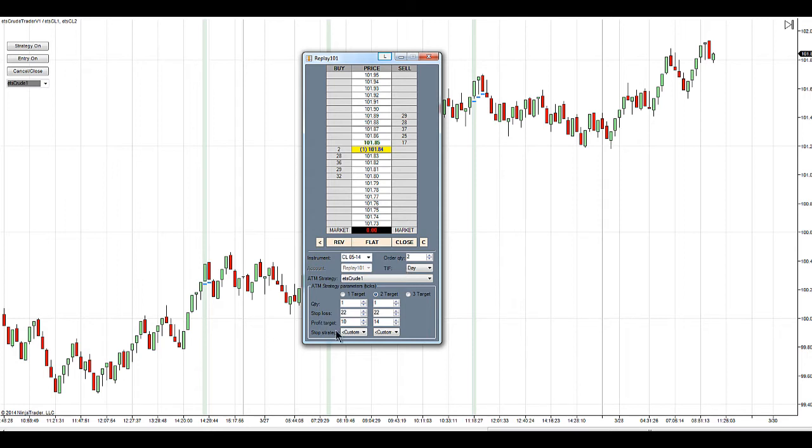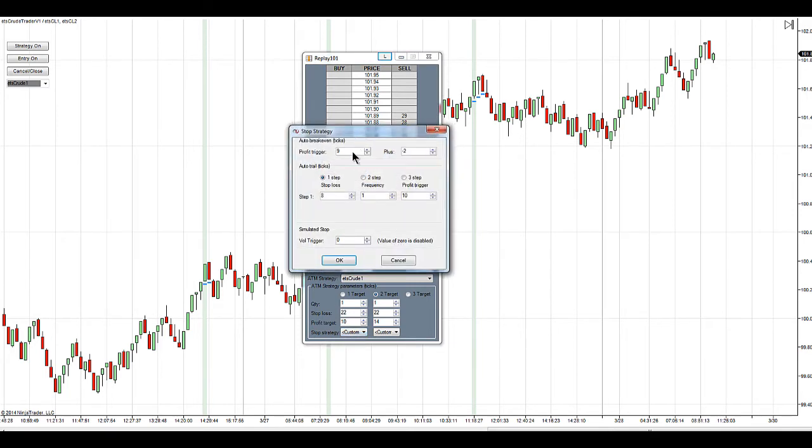So we use a stop loss of 22 ticks across the board. Our first profit target is 10 ticks. Our second profit target is 14 ticks. Don't let the upside down risk reward bother you. The results show us that it's pretty good. So let's go into the custom field just so we can discuss it really quick.